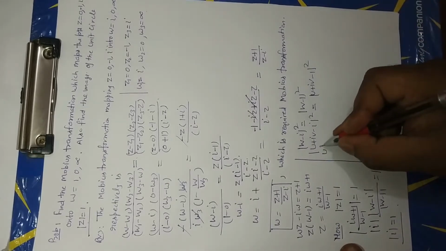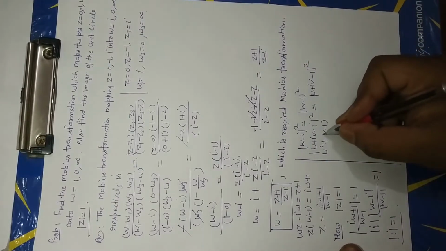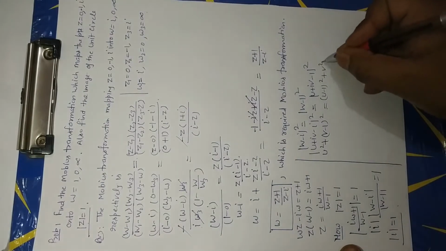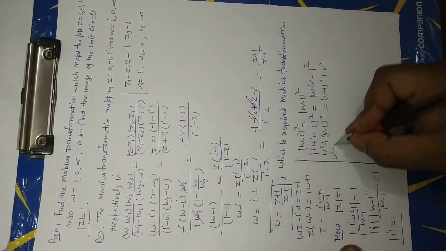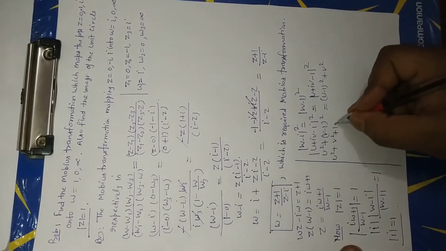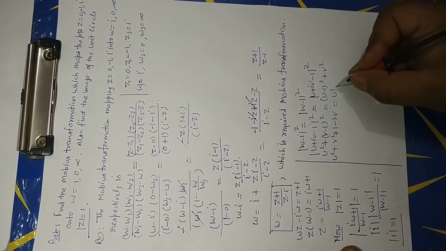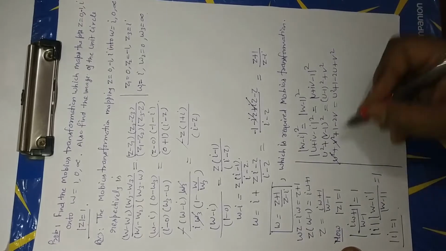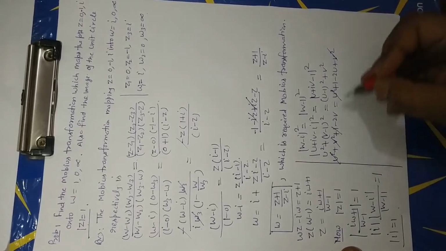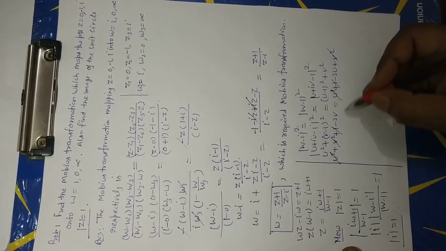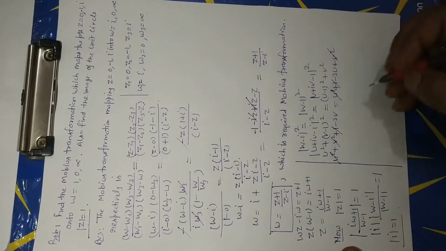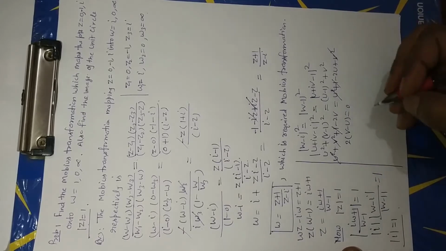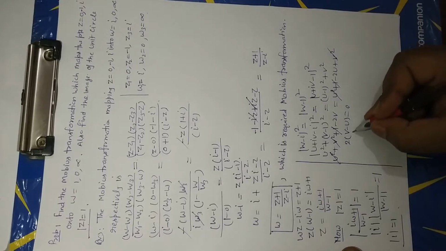Therefore, u square plus (v minus 1) square equal to (u minus 1) square plus v square. u square plus v square plus 1 minus 2v equals u square plus 1 minus 2u plus v square. Now u square and v square both are cancelled, 1 cancels by 1. Now 2 common, v minus u is equal to 0. 2 is not 0, then v is equal to u.